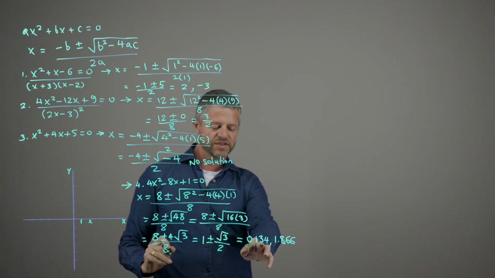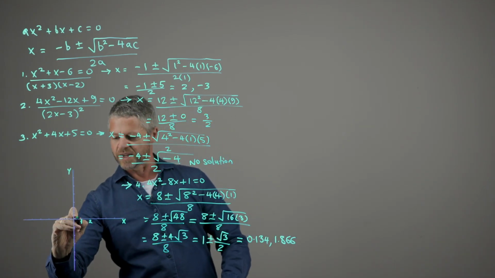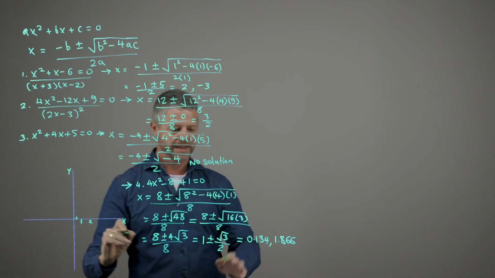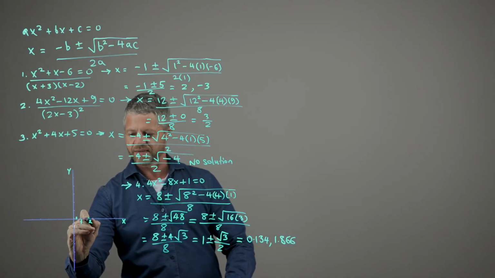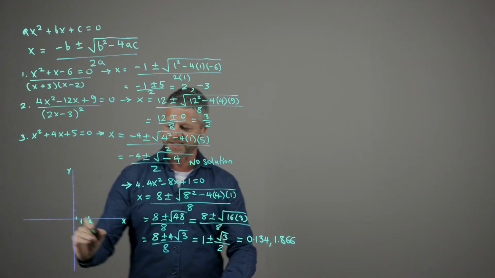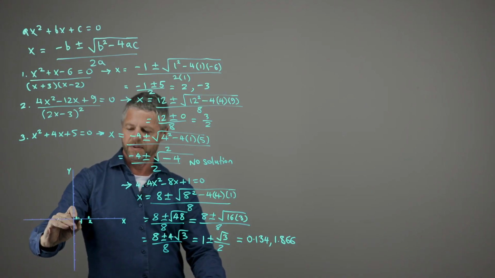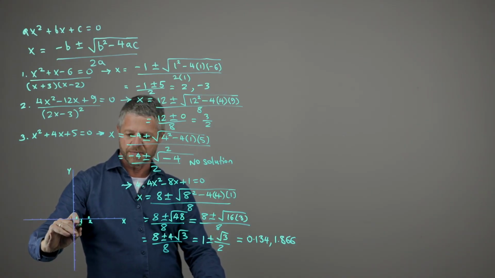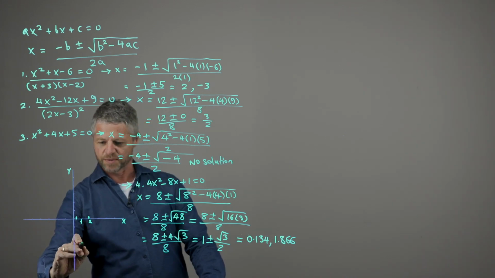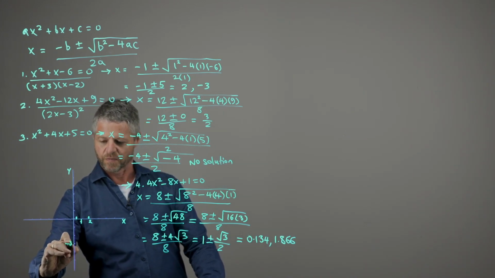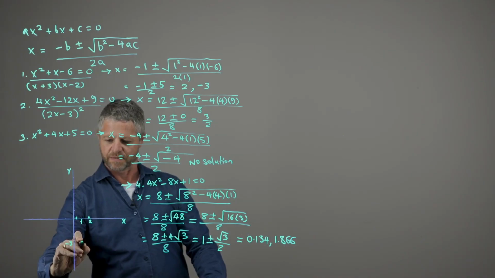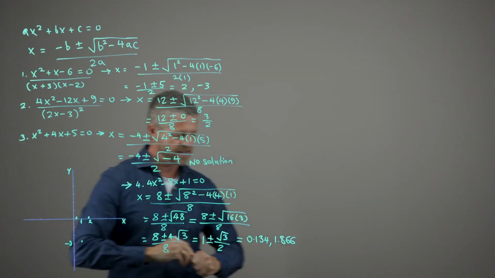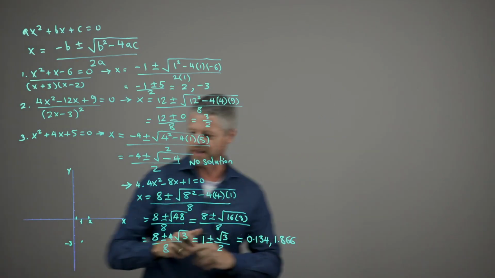It's going to cross the axis somewhere here and somewhere here. And it's actually also going to reach a minimum at the coordinate of x equals 1, y equals minus 3. So here.